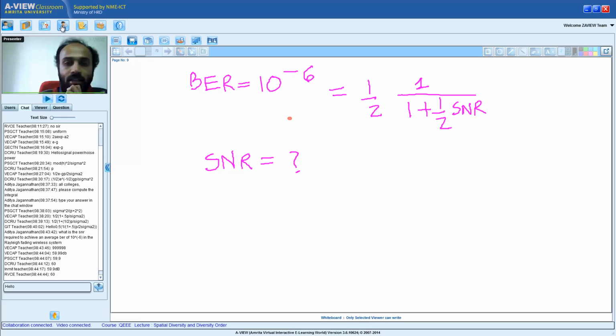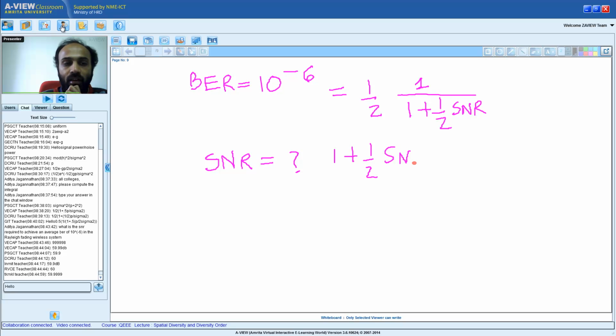Very good. Thank you. So the answer is, as you can see here, simplifying this, I get 1 plus half SNR. TKMKL also gave me the correct answer. 1 plus half SNR is equal to 1 divided by 2 into 10 power minus 6, which means SNR is equal to 5 into 10 power 5 minus 1.